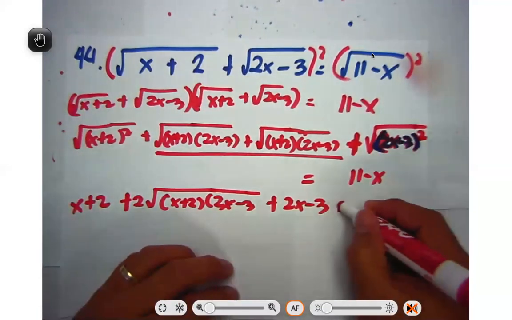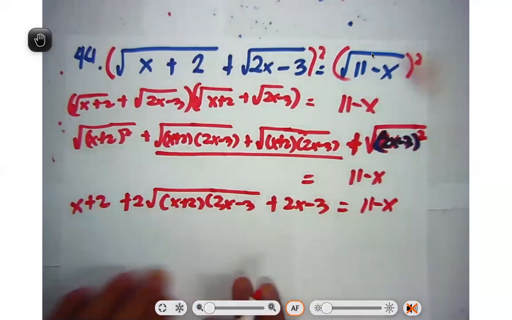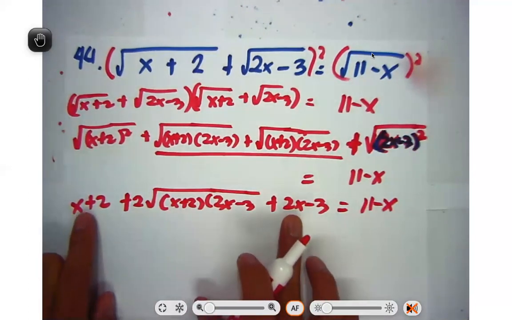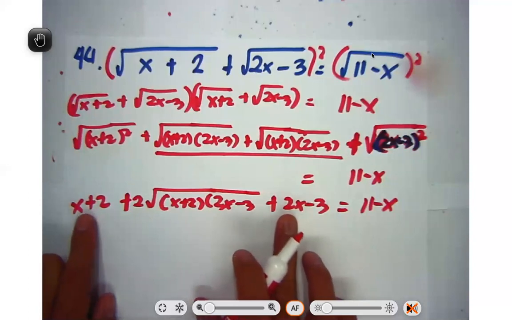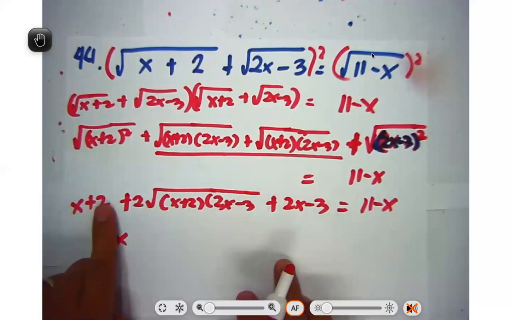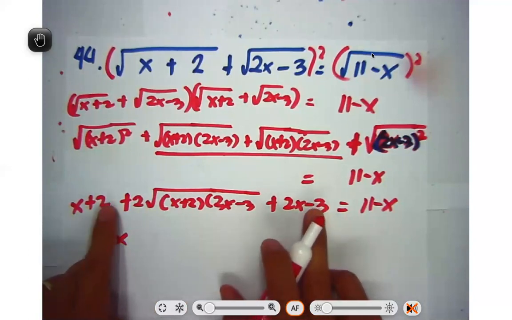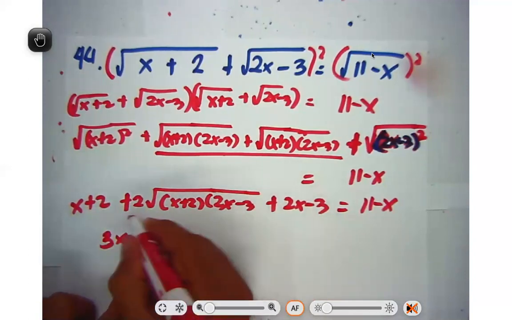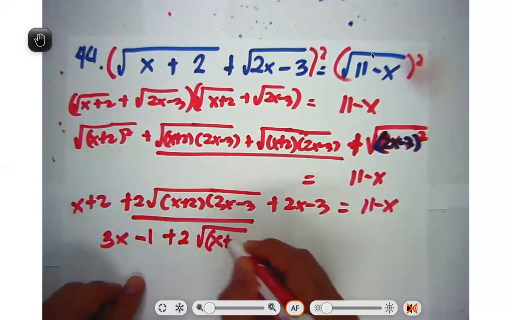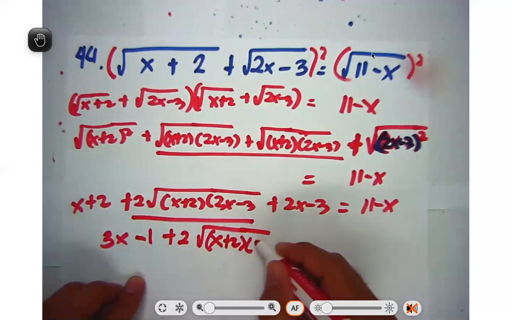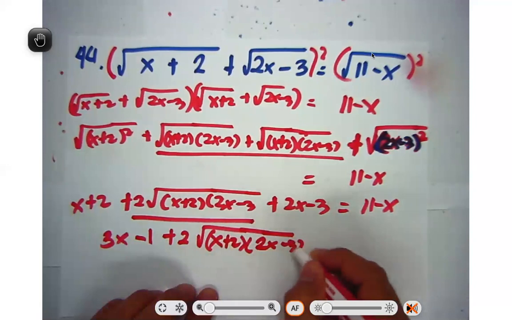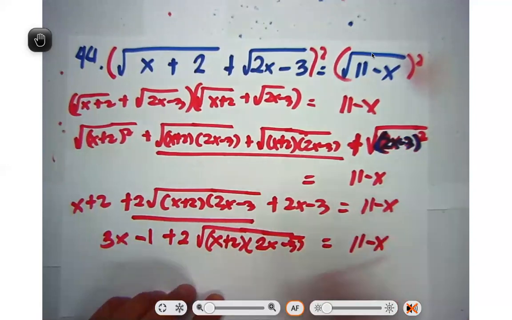And that's equal to 11 minus x. Combine like terms, x plus 2x here, 3x, right? And then 2 minus 3, negative 1. Just copy this. Plus 2 square root of x plus 2 times 2x minus 3 equals 11 minus x.